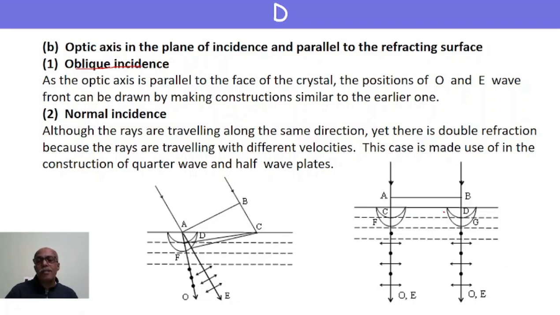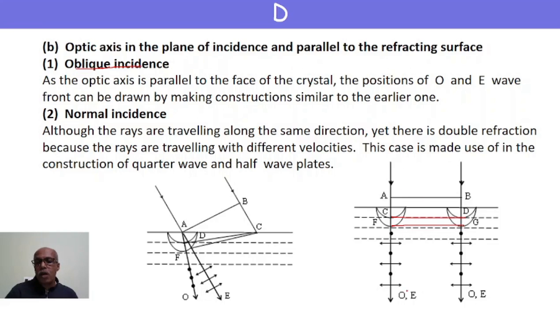Whereas in case of normal incidence, AB is our plane incident wavefront. Then this line CD represents the ordinary refracted wavefront. FG represents the extraordinary refracted wavefront.